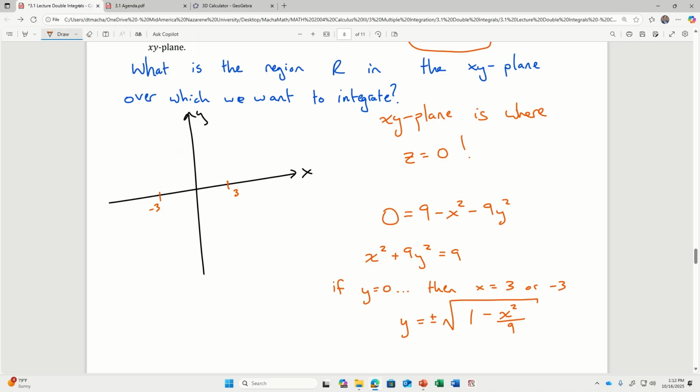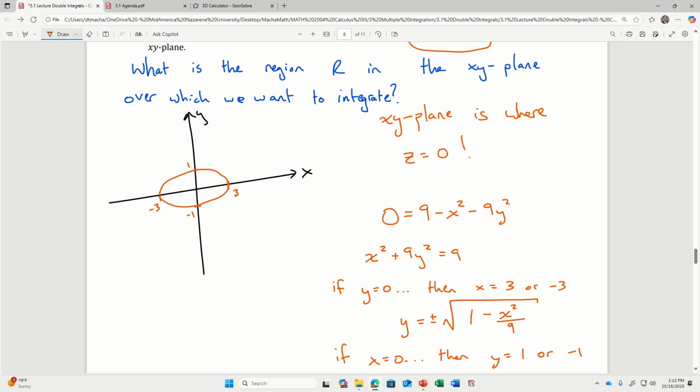Let me think really closely about this. If x is equal to 0, then y is equal to 1. So y is actually right here. Okay, so the curve y equals square root of 1 minus x squared over 9 is going to give me this curve. And if I take the negative, it'll give me this curve.